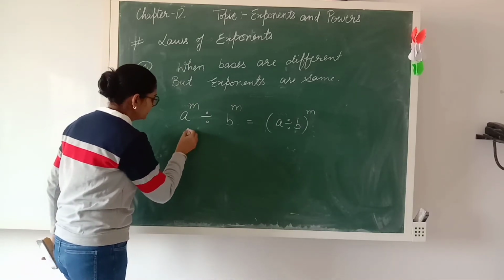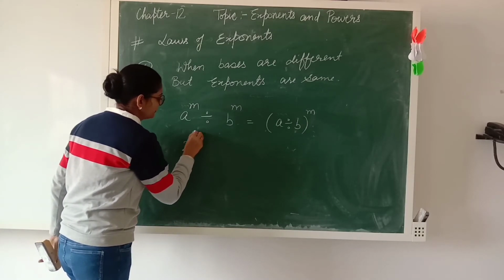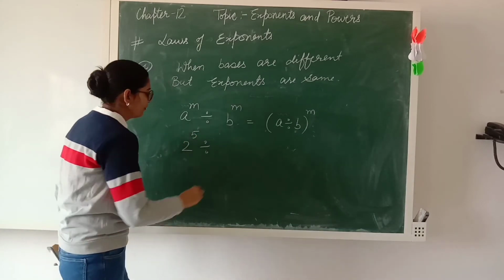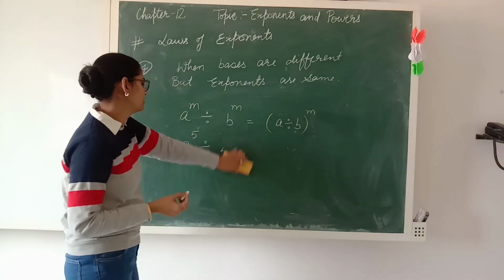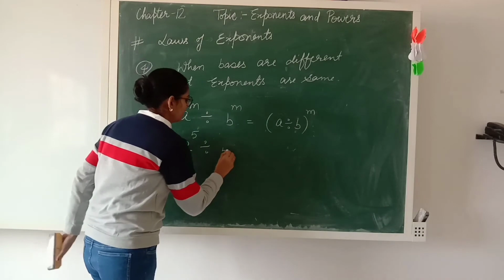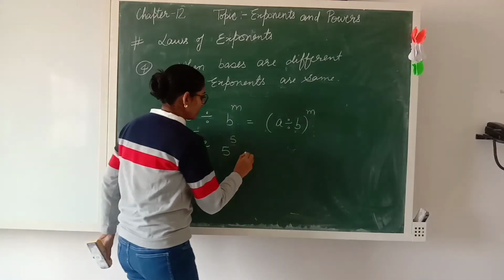So take an example. If you have to divide 2 raised to the power 5 by 5 raised to the power 5. Okay, so what is the answer?